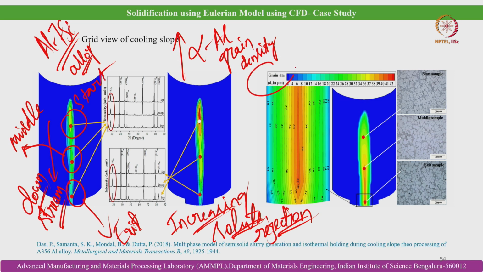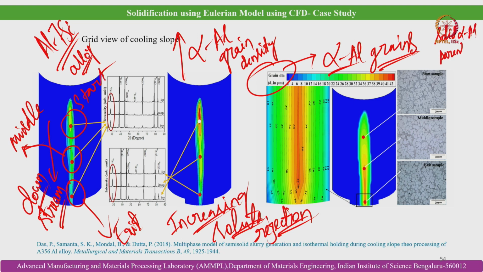You can see that it can predict the grain diameter of alpha aluminum grains. That is why we call it multi-phase: the governing equations are solved for the solid alpha aluminum grains and also the parent liquid. The phase change process is perfectly simulated and individual governing equations are solved for individual phases.